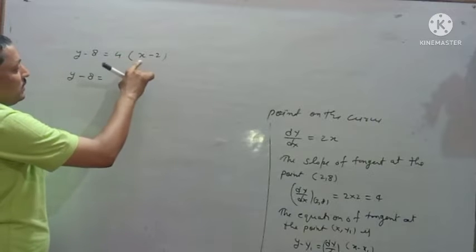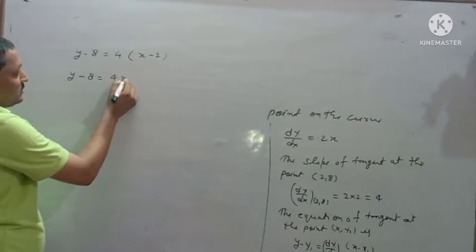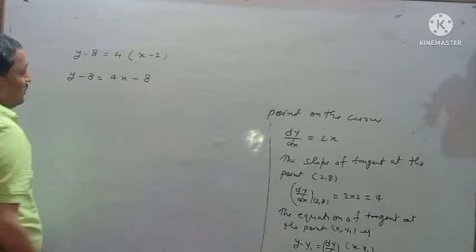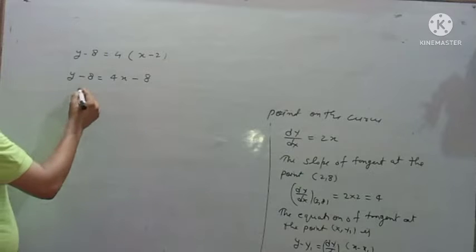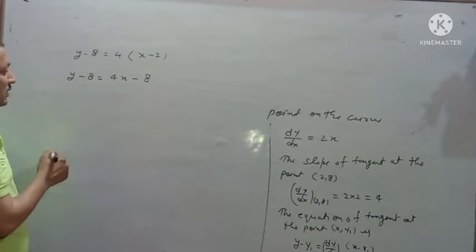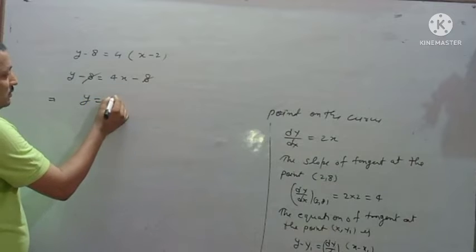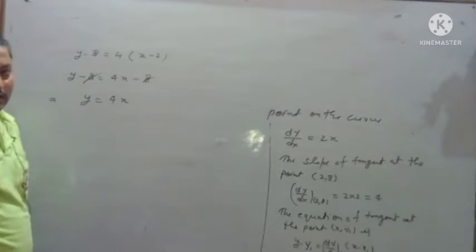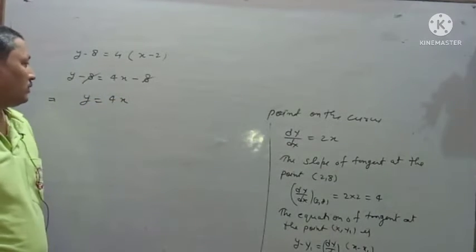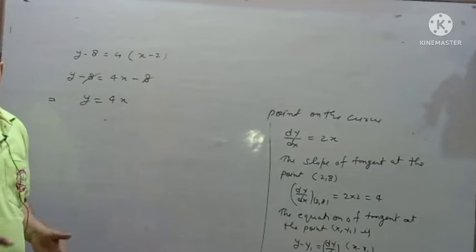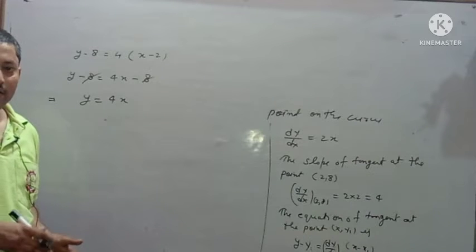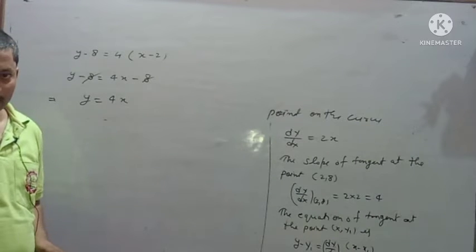Multiply 4 in this bracket, we get 4x minus 8. Minus 8 and minus 8 cancel, then we get the equation of the tangent is y equal to 4x. After that, we find the equation of the normal.